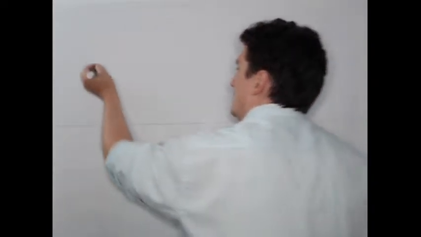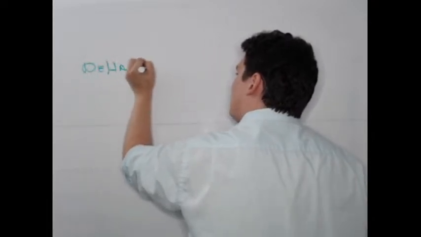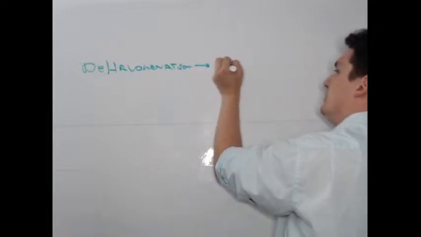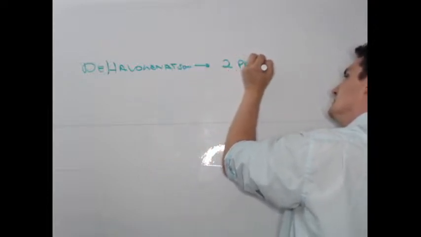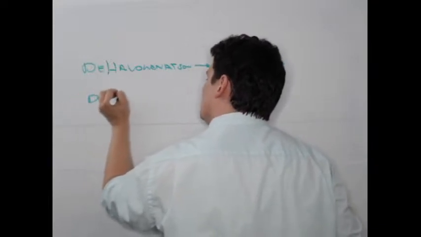But honestly, the solvent is not going to play as big a role as the 1 versus 2 pathway. The bigger factor, I would say, halogens, so dehalogenation. You're typically looking at a 2 pathway. And dehydration.